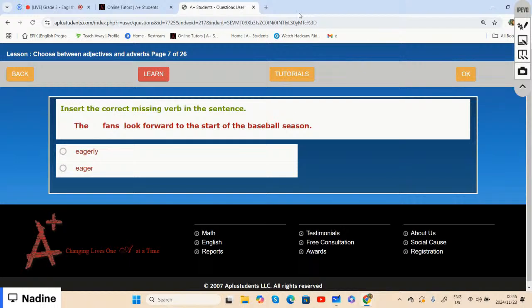So the fans eagerly, or the eager fans. We need to say which one is correct. Eagerly option one or eager option two.